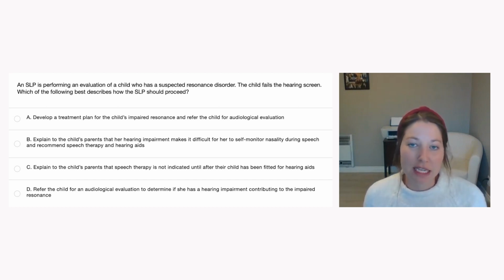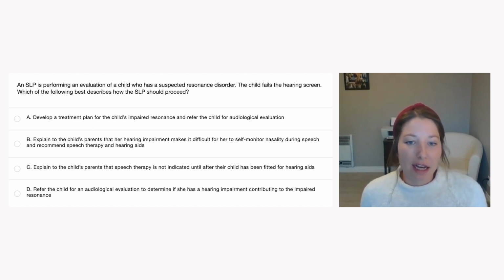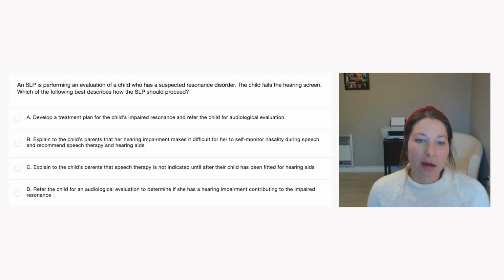They could have impaired resonance because maybe they do have a hearing impairment, or maybe they have a voice disorder, or maybe they have a structural abnormality. You're not really sure at this point in the case scenario. So developing a treatment plan for this child is not appropriate. It's not an appropriate step at this point.